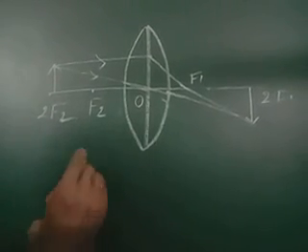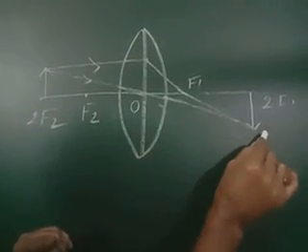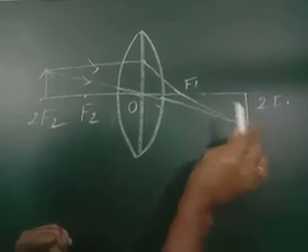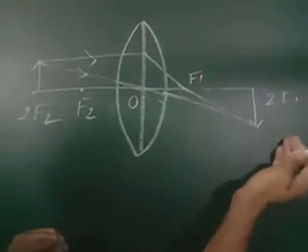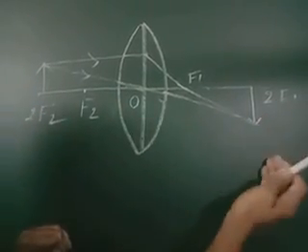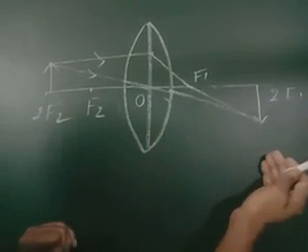In this case, the size of the object and size of the image will be the same. And see, on one side is the object, on another side is the image. So it is real. And I have told you a real image is always inverted.